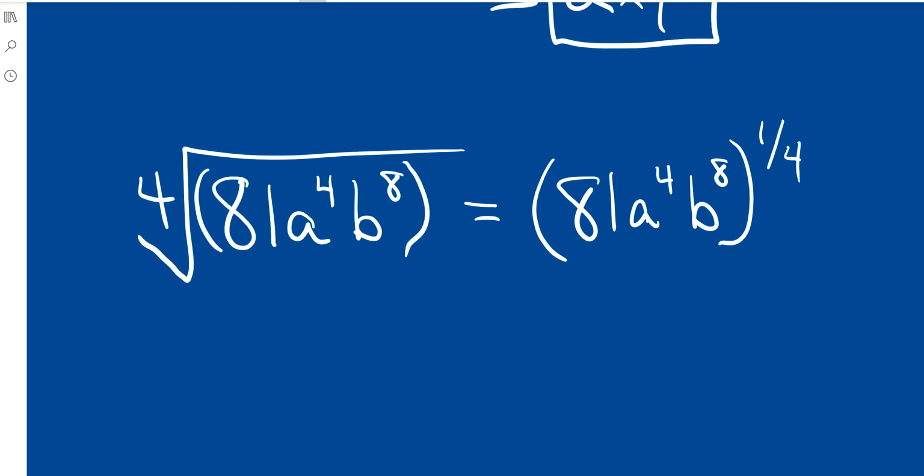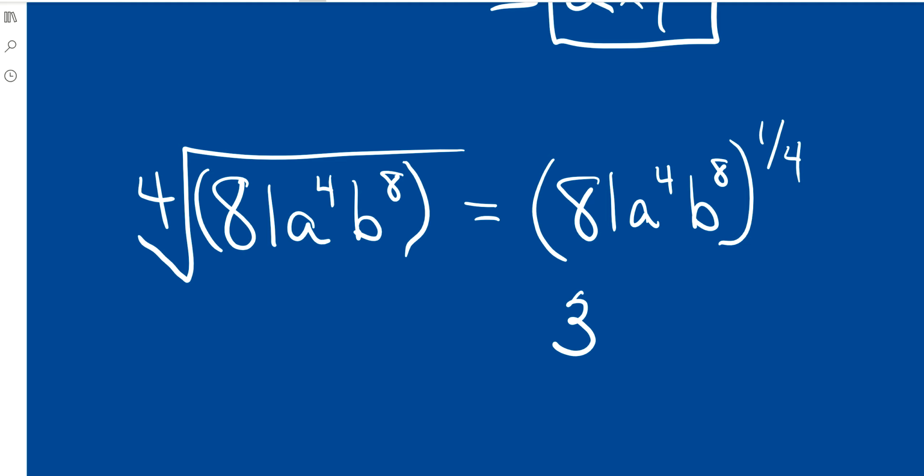Okay, then I could say, what's the 4th root of 81? Because really I could rewrite this to be 3 to the 4th power. And then, so my 4th root of 81 is going to be 3. So let's write the 3 down.